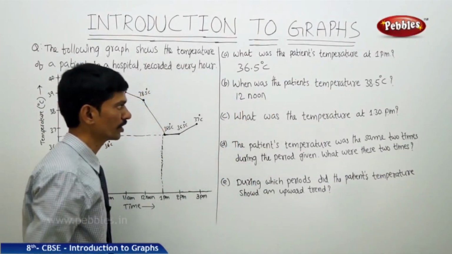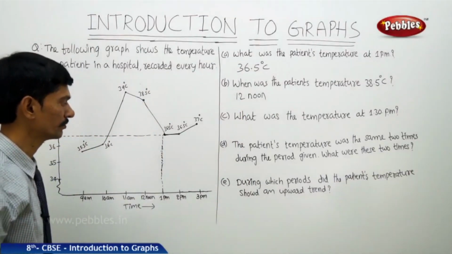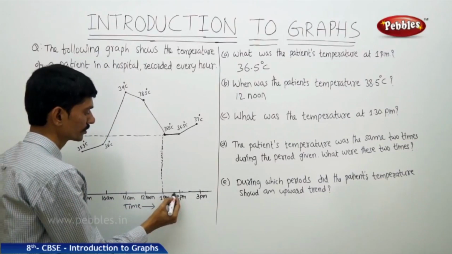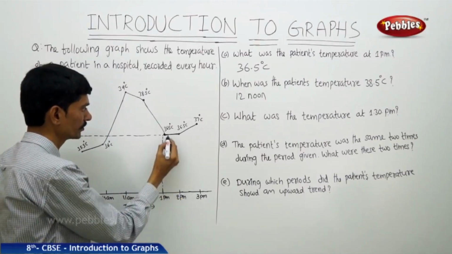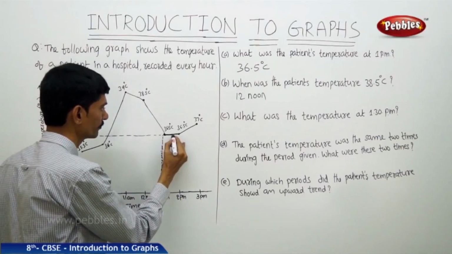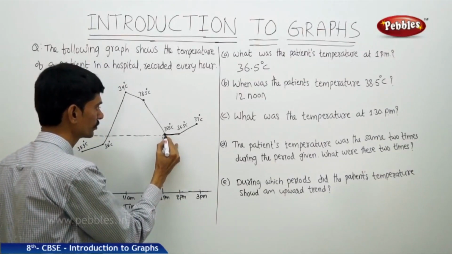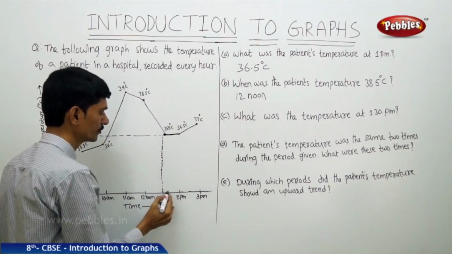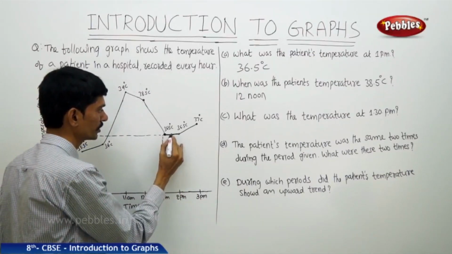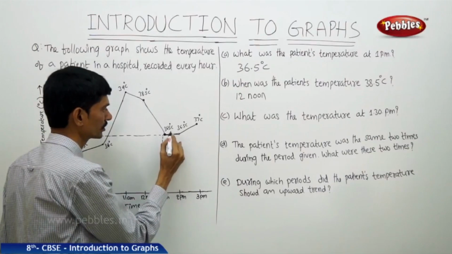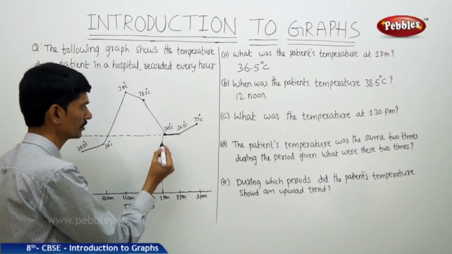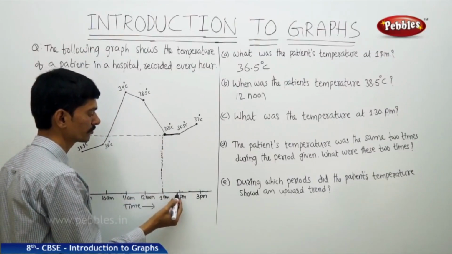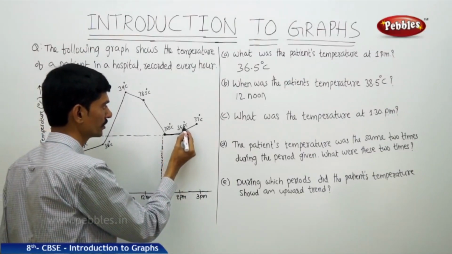Now the next question, what was the temperature at 1:30 p.m.? Between 1 and 2, if you observe the line graph from 1 p.m. to 2 p.m., there is no change in the patient's temperature, because it is constant. At 1 p.m. 36.5 degrees centigrade, and even at 2 p.m. also 36.5 degrees centigrade.